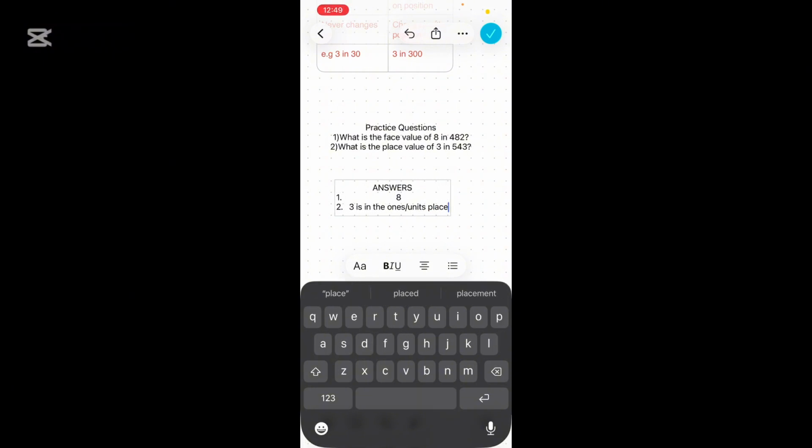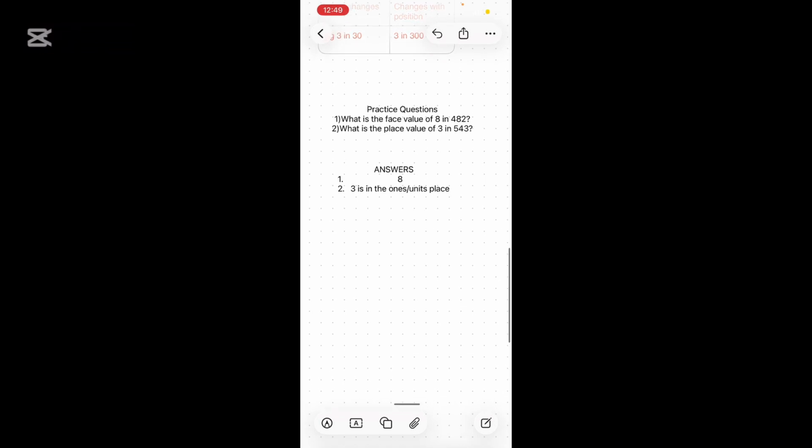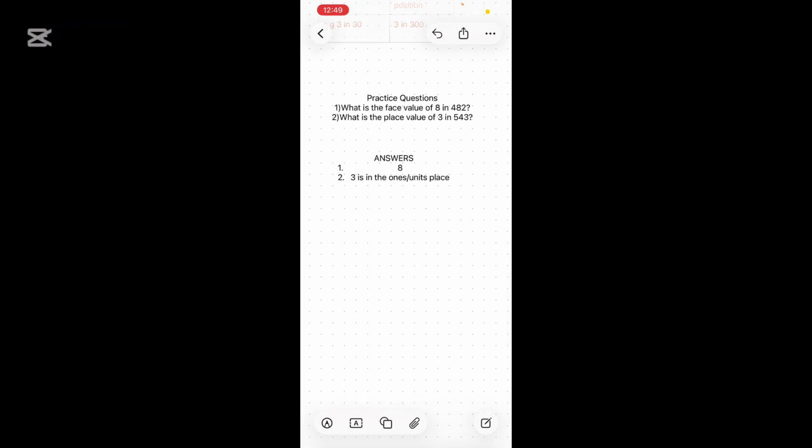And if you're a little bit confused about how we arrange place values of digits from units to tens to hundreds to thousands, ten thousands, I'll do a video after this lesson to help you understand that, so don't worry about it.